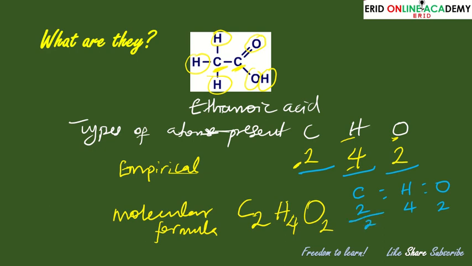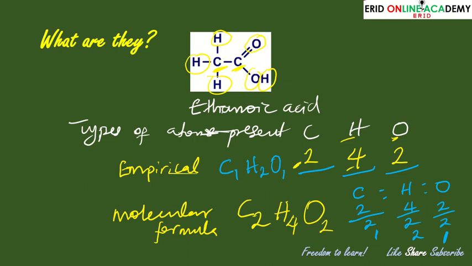So we divide carbon by 2, hydrogen 4 divided by 2, oxygen divided by 2. So we have ratio 1, 2, and 1.